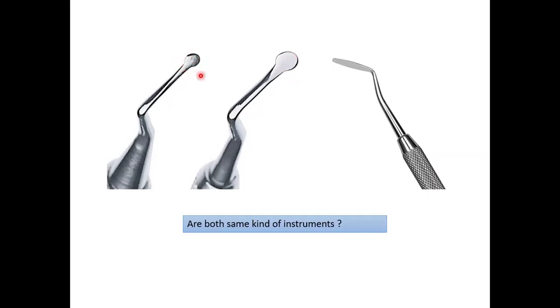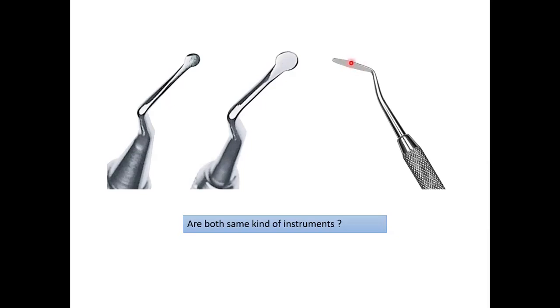This small spoon shaped cord packer is used in the double cord technique, to pack the primary or inner cord. And this is used to pack your secondary cord, which is a little bit larger than your primary cord. If you closely watch, this is also a cord packer.